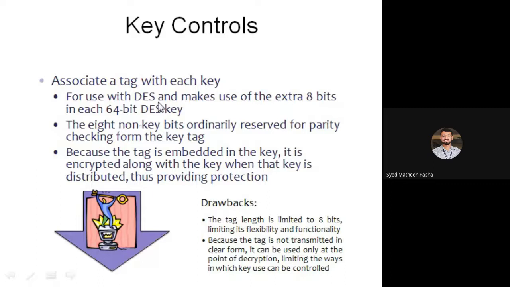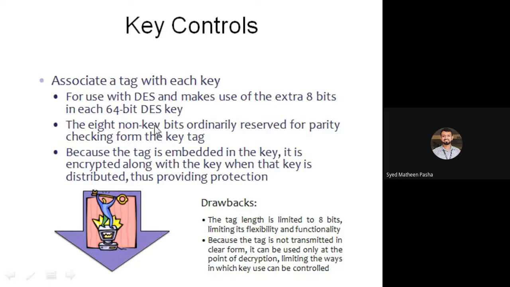This is for use with DES and makes use of the extra 8 bits in each 64-bit DES key. In your syllabus, they have specified what should be used while you are working with key controls. If you are using any key controls here, it will come with some tags. What kind of tag are you using here?